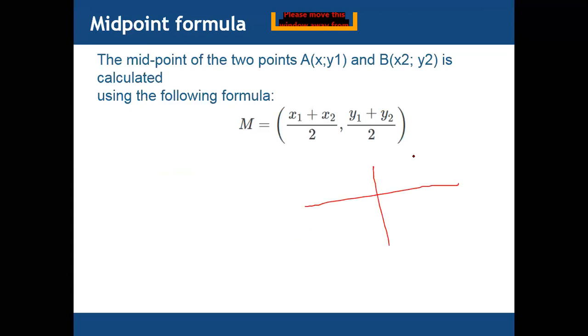Like point number 1 is 2 and 10, and point number 2 is 6 and 20. Let's suppose these 2 points. How can we find the midpoint between these 2 points? We use the formula: midpoint is equal to x1 plus x2 divided by 2 and y1 plus y2 divided by 2.